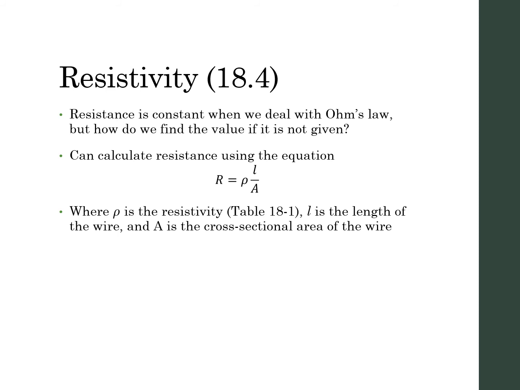Circles are a lot easier to make than hexagons or any other nice shape. So the cross-sectional area of the wire is primarily going to be pi r squared, because we're going to be dealing a lot with circular wires. So pi r squared is going to be popping up a lot if you're not explicitly given an area value.